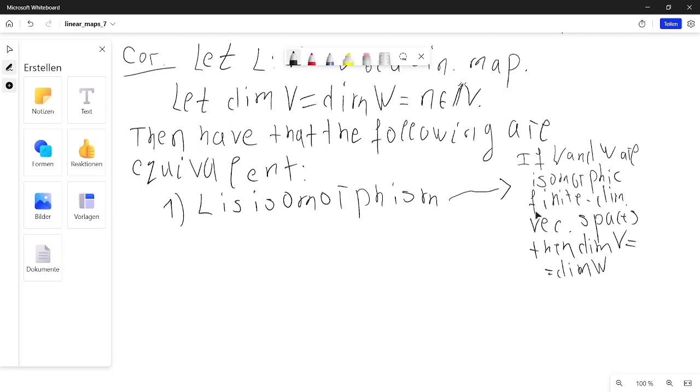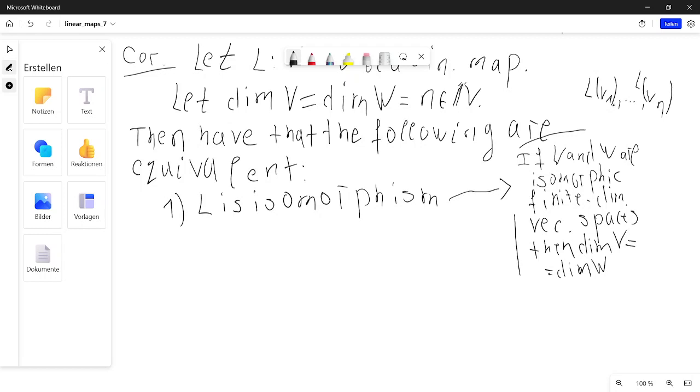If L is an isomorphism, then it is an injective linear map, because L is bijective. So the vectors v1 to vn are mapped by our isomorphism to L(v1), ..., L(vn), and they are linearly independent.